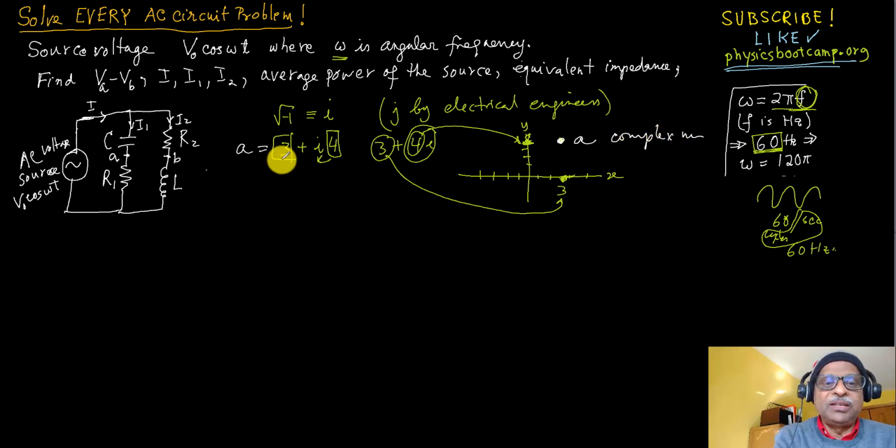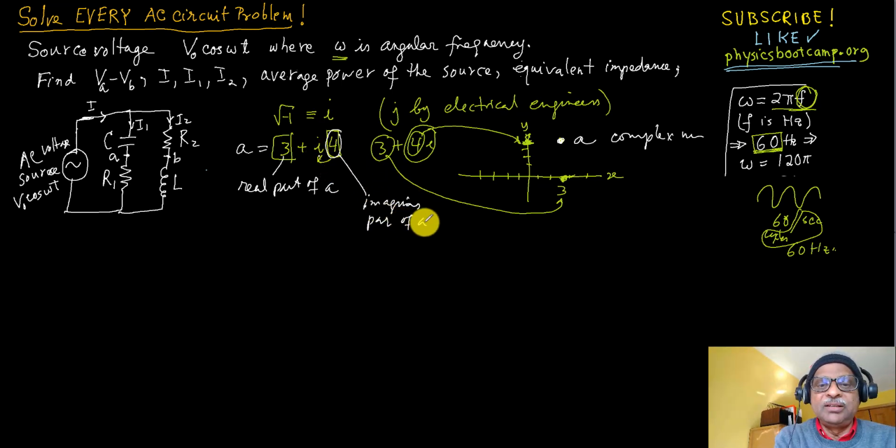You can see 3 is called the real part of A, and 4 is called the imaginary part of A. So i is not part of this definition. You just say this is the number which goes with i. If I had i also, then I couldn't really plot this, right?